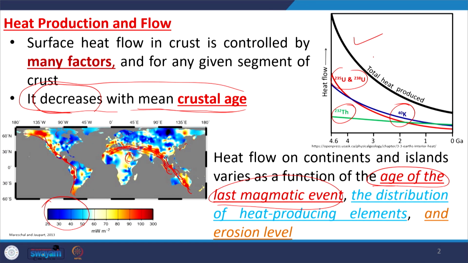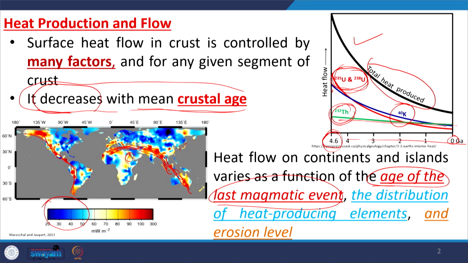If you see this graph, it shows the total heat production. Uranium produces more heat, from the beginning of the earth 4.6 billion years ago up to now, the zero time. In earlier times, from the beginning of the earth, uranium was producing more heat, followed by potassium. Thorium is more or less constant; though there is a decrease, it is still more constant compared to potassium and uranium.